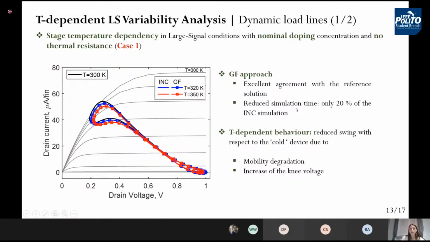It's about 20% of the incremental simulation, and there is a reduced swing of the dynamic load lines, which are represented in the plot. There is a reduced swing due to the effect of temperature, which produces a mobility degradation and a consequent increase of the knee voltage.